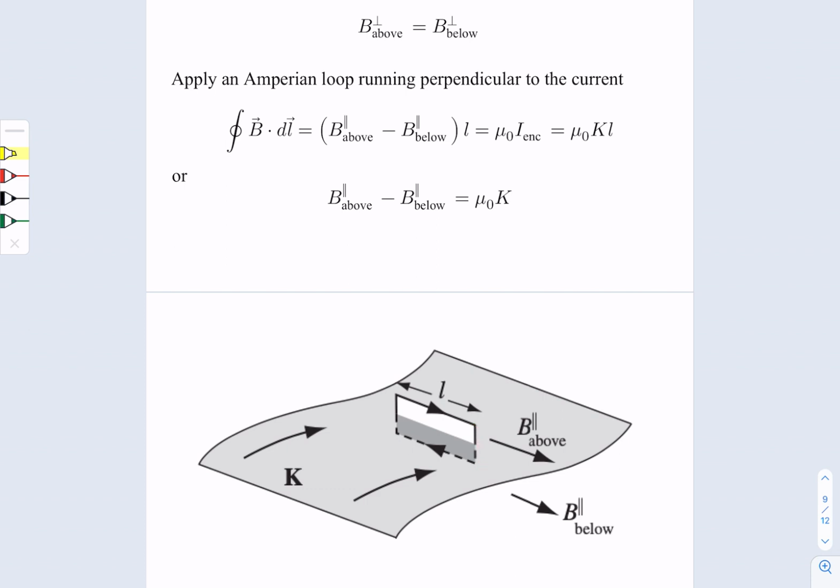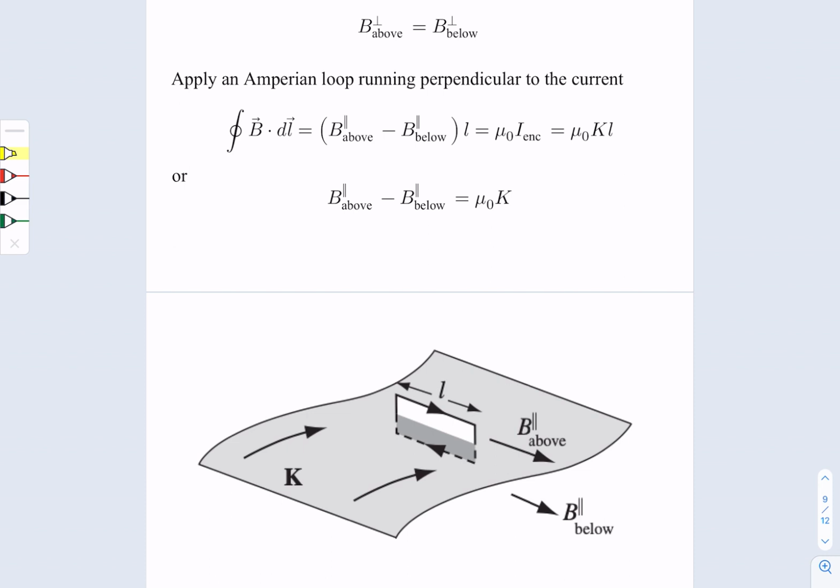If we determine the loop integral, this magnetic field along the line of the loop must be equal to the current enclosed by the loop. And the current enclosed by this loop is this K times the length of this loop. So the I enclosed is equal to KL, and you can always check by dimensionality that this is correct.